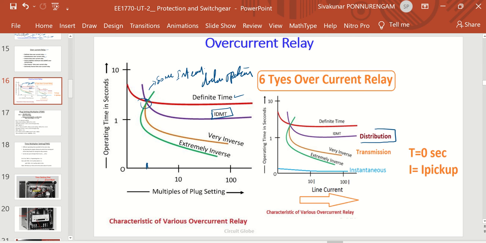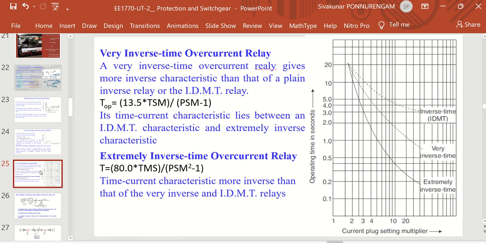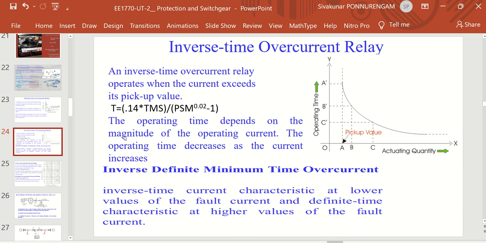Now we will see the basic operation of the inverse characteristic. This is the operating time, and this is the actuating quantity. Here the actuating quantity is assumed as current.